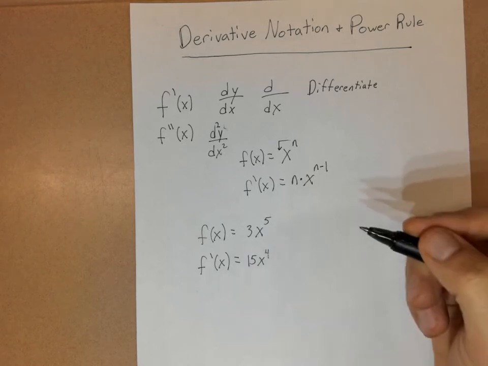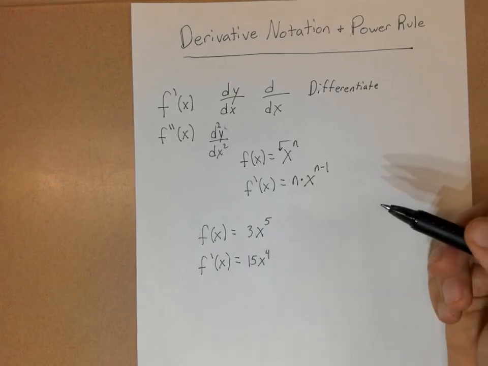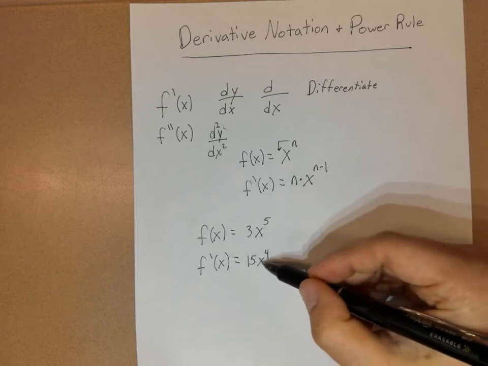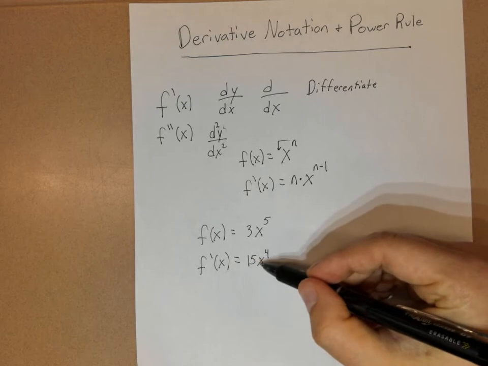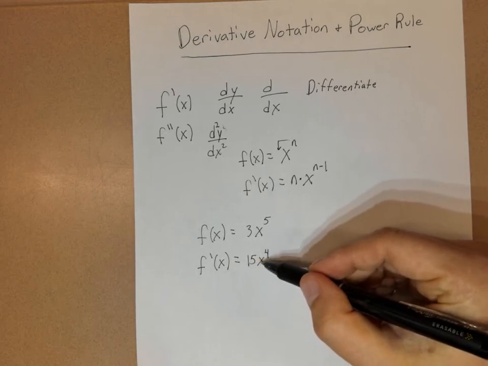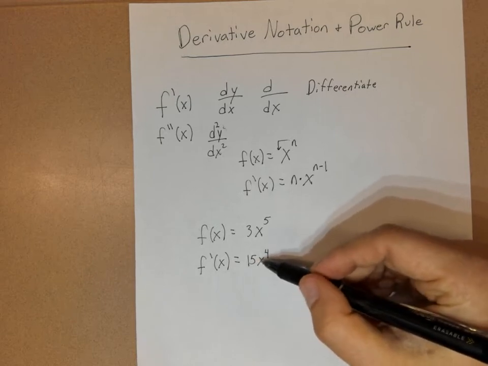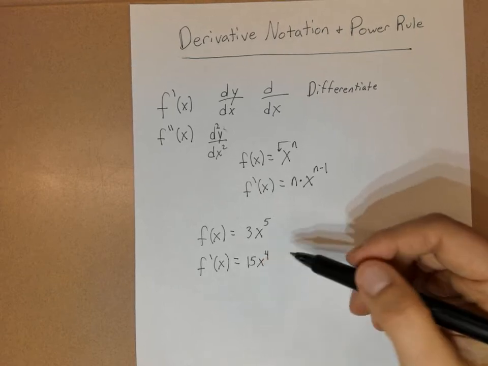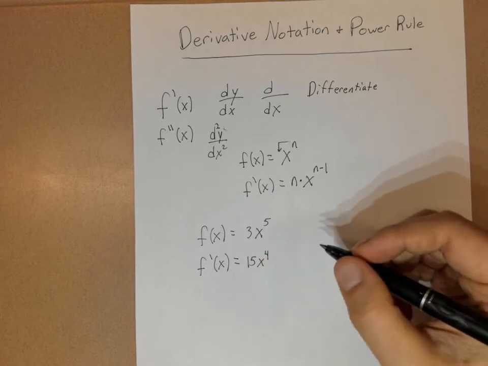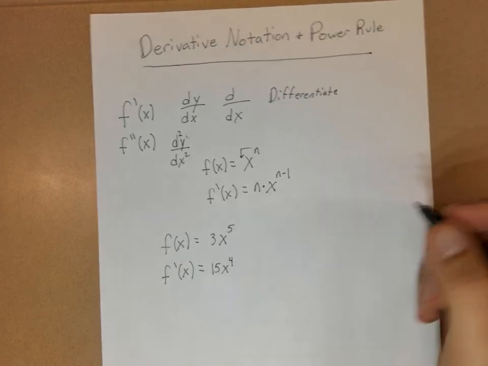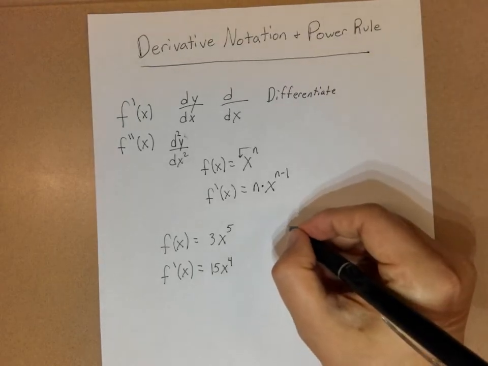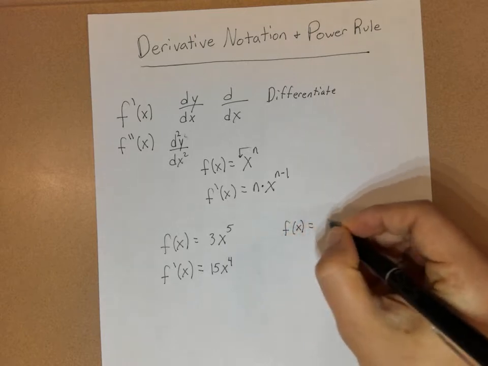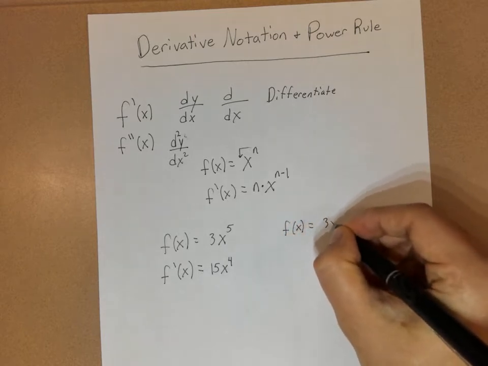Now if it said find the slope of the tangent at x equals 5, all you need to do is substitute a 5 into your derivative function, and that will get you the slope of the tangent at that spot. So it makes it a lot easier than using the limit definition, which is much more time consuming.